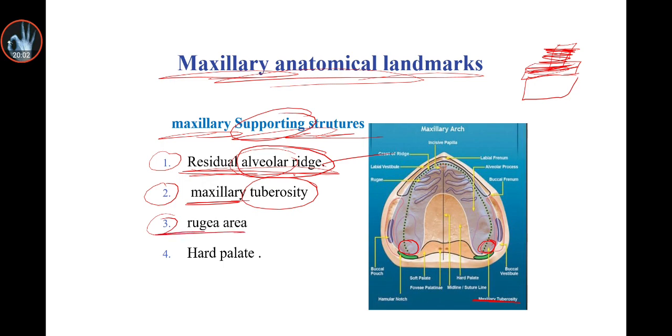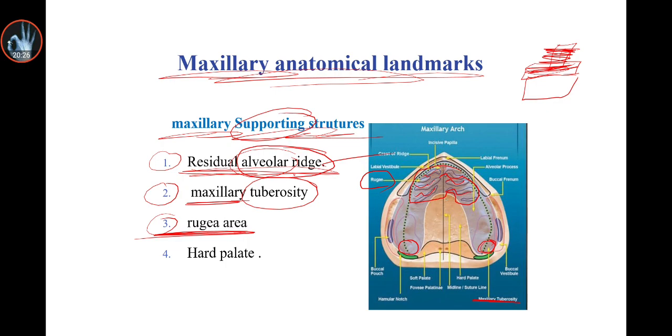And we also have the rugae area, which we already described as a secondary stress bearing area. This is the rugae. This is where there is some roughness. We have some twisted things like this. If you try to feel it with your tongue, you will feel it.